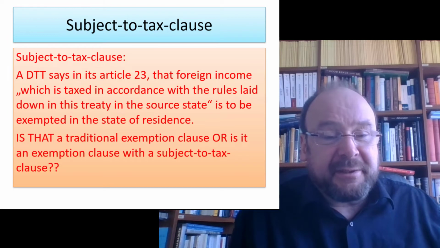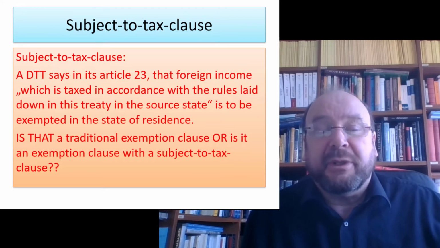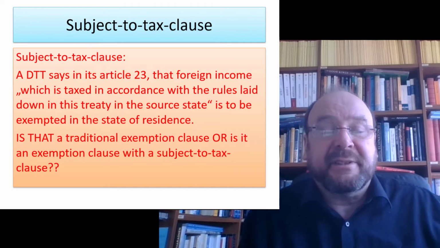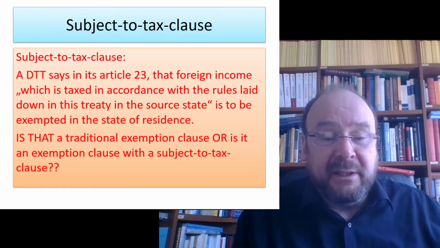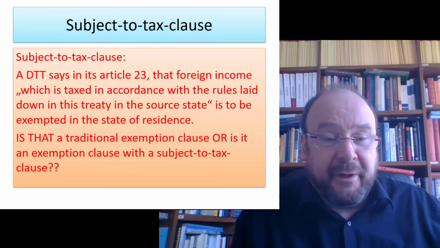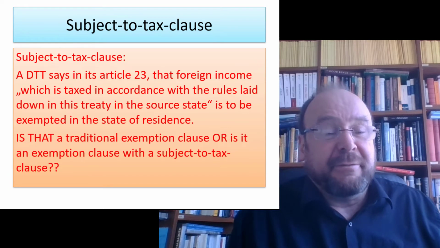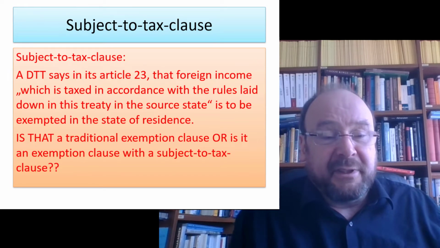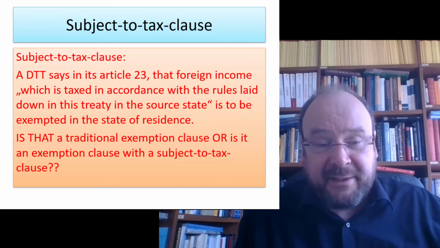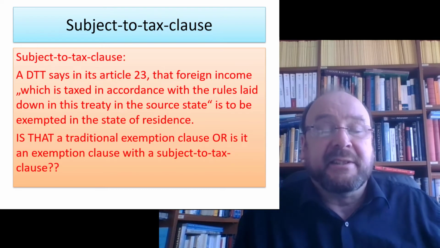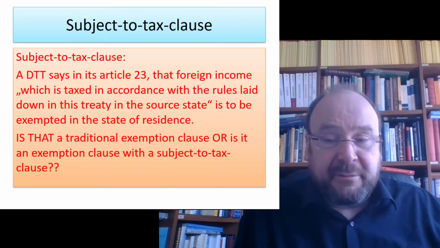If a double taxation treaty says that foreign income which is taxed in accordance with the rules laid down in this treaty is to be exempted, that would already be a subject to tax clause. The traditional clause, which excludes also the virtual double taxation, would be formulated as income or property which may be taxed in accordance with the rules in this treaty in the source state have to be exempted.